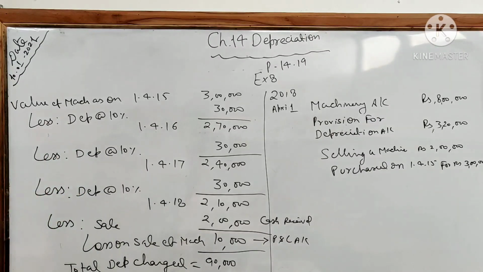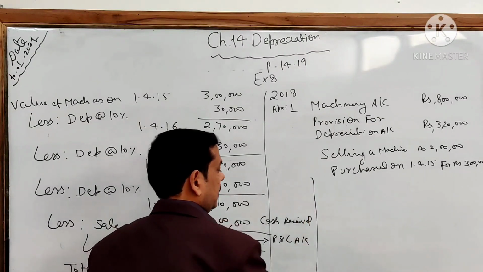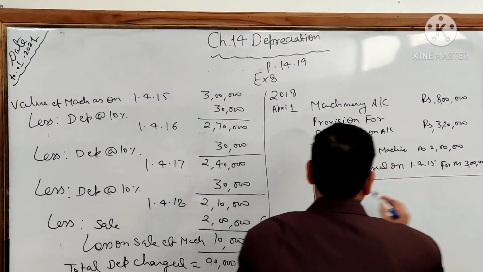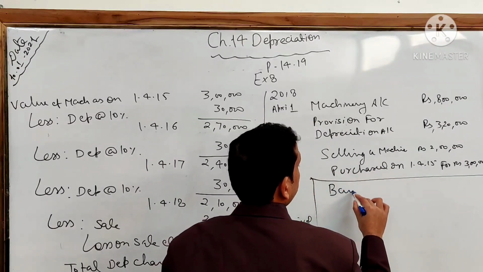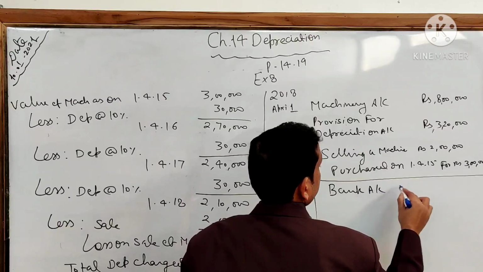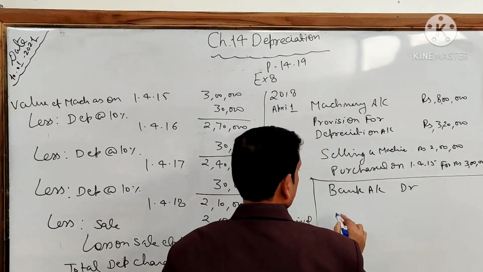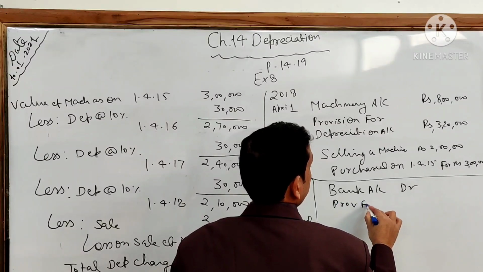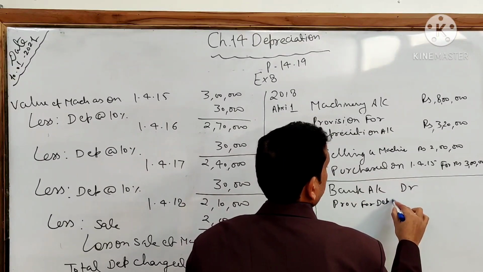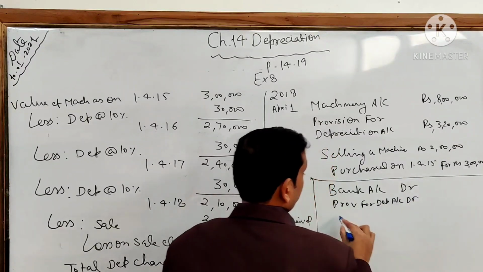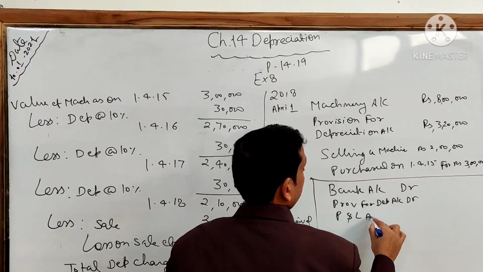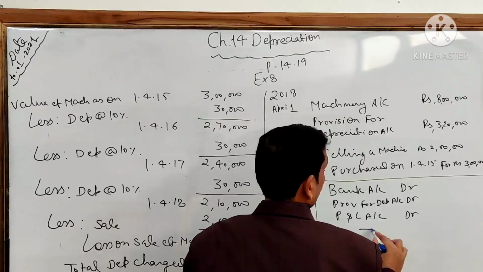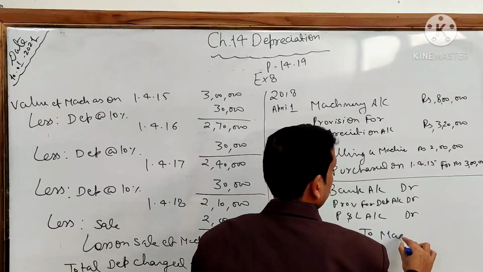Now you can pass the journal entry for this. Bank account debit, provision for depreciation account debit, profit and loss account debit, to machine account.